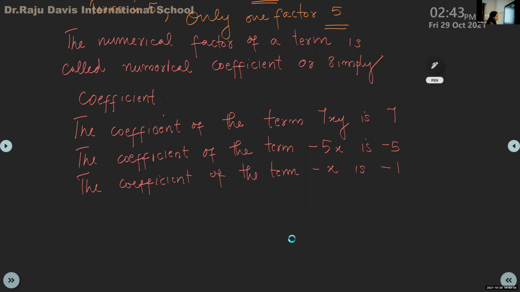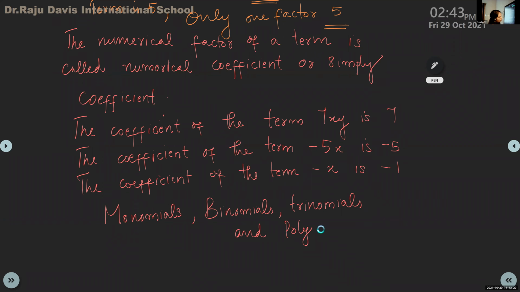So expressions are classified on the basis of the number of terms. They are monomials, binomials, trinomials, and polynomials. You can write the next heading: number of terms.